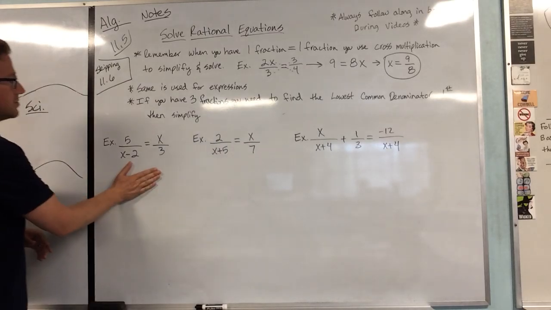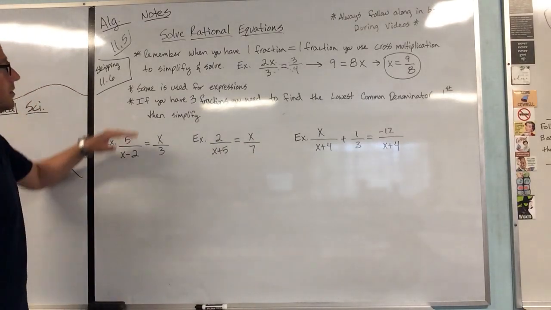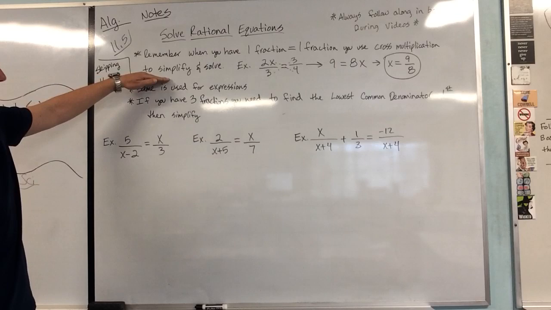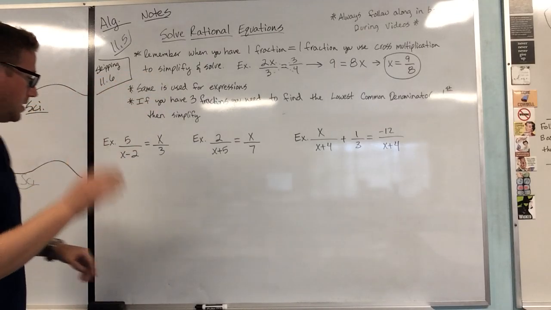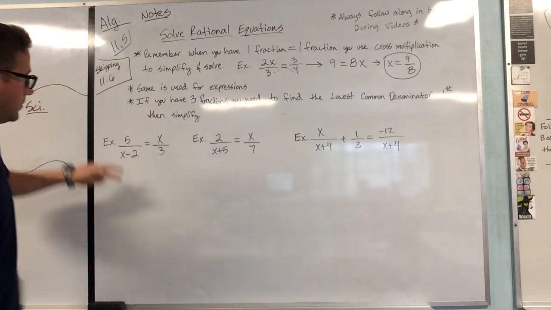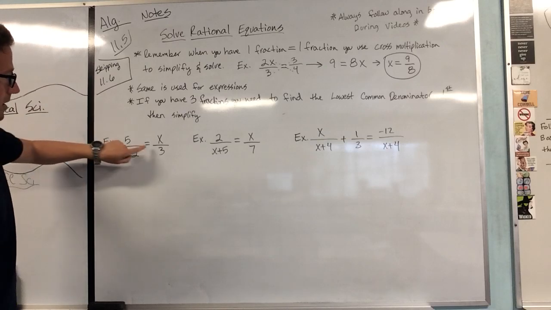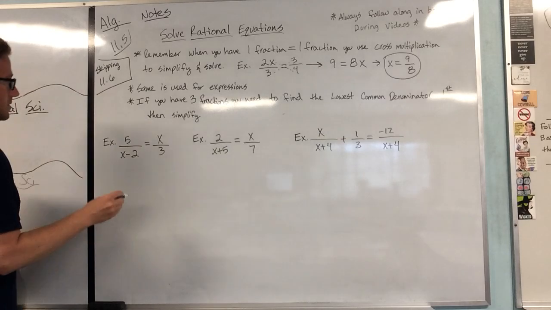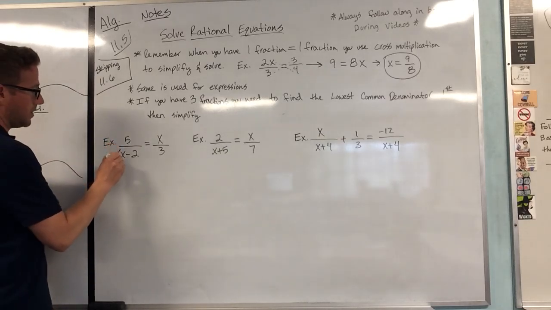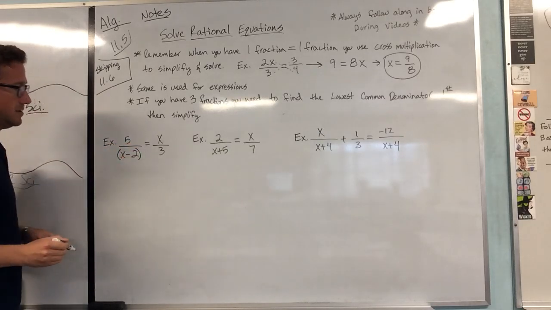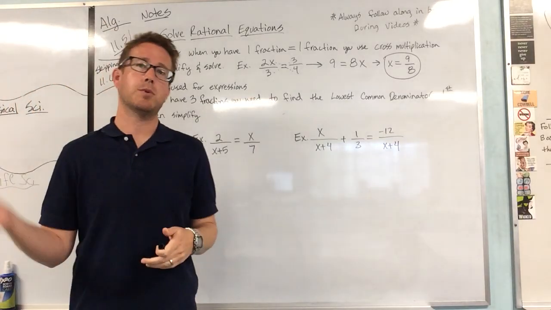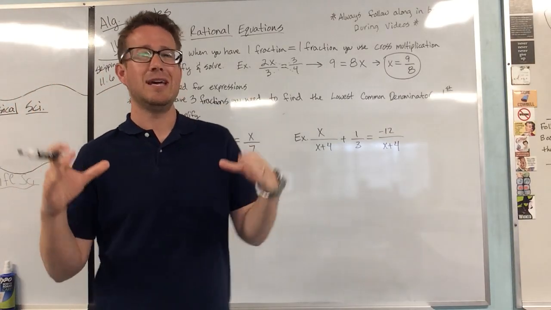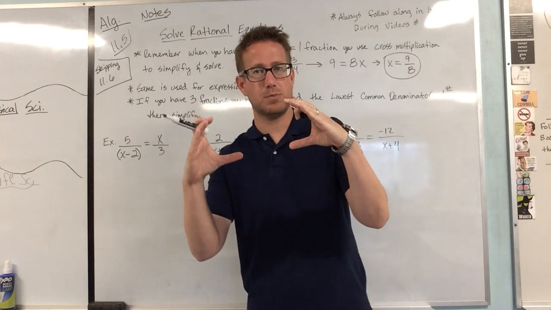Okay, these first 2 example problems, though, they go with this upper concept here of simply cross multiplying. You have one fraction equaling one fraction, okay? So simple enough. I would recommend putting this in parentheses. The book probably won't do that, but putting it in parentheses lets you know that that is one complete expression.